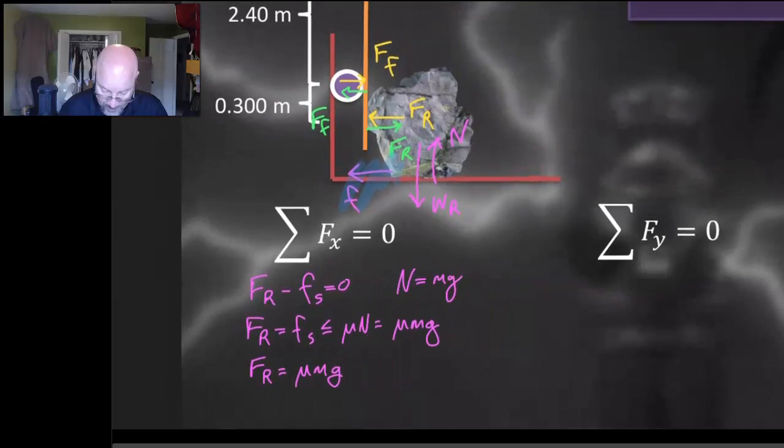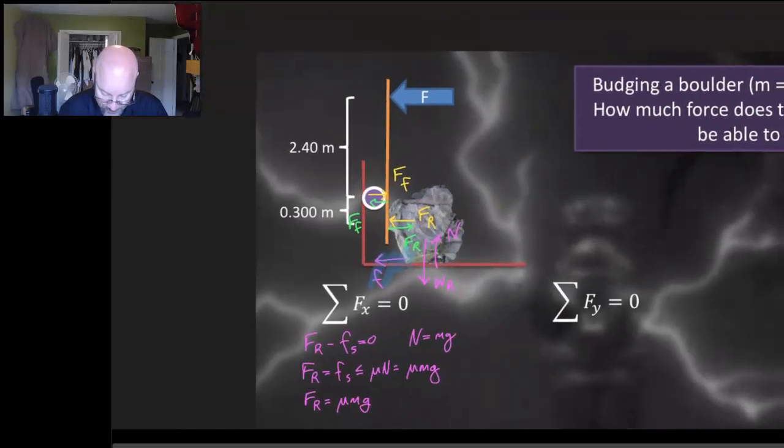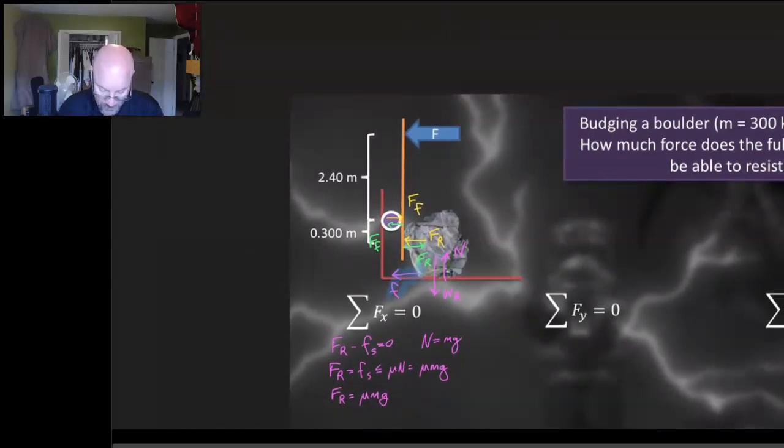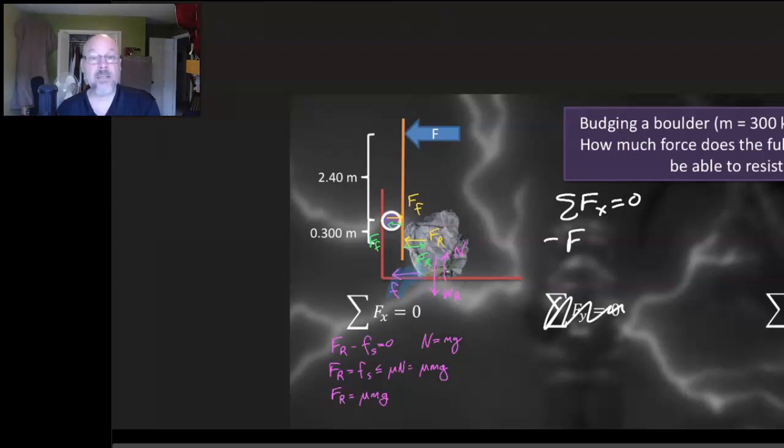Now if we think about the horizontal forces on the lever, I don't care about this guy right here. So these are my horizontal forces on the lever. I've got my force pushing backward up there at the top. I've got my fulcrum pushing to the right here, but then we've got the rock pushing back on it like this.